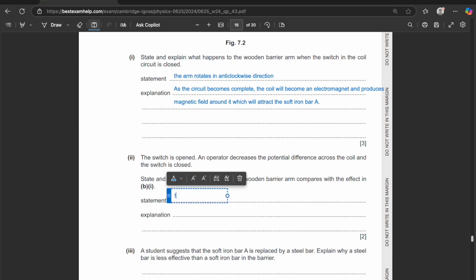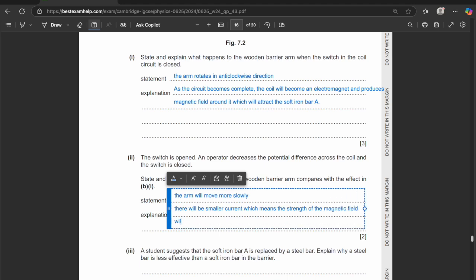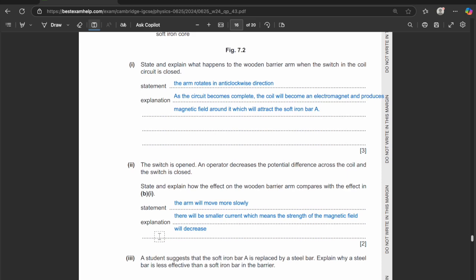So you can say the arm will move more slowly. And why is that? Because the current will be reduced, and there will be smaller current, which means the strength of the magnetic field will decrease. So if there is current, there will be magnetic field.